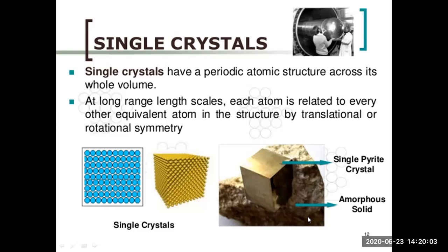So the basic thing is their geometry, their symmetry, their composition, and their arrangement of the pattern, and the molecules have a single pattern everywhere. There is uniqueness. That's why, in this single crystal, whatsoever the length scale is, each atom has equivalent distance, equal arrangement, equal structure, equal shape.